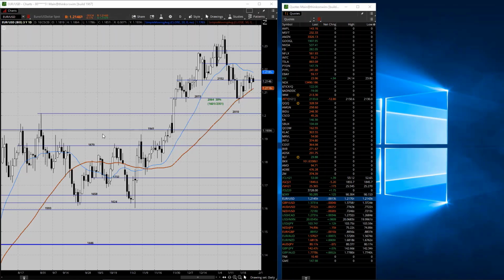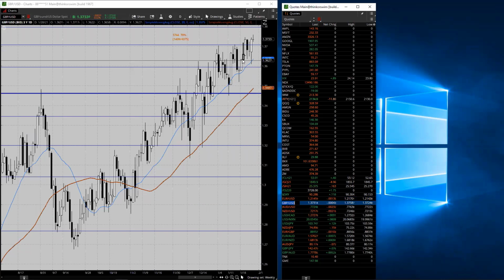But one of the things you also want to look at is, you see how wide these are here? We're starting now to compress. And when you do that, generally you can see a break, and that break, we could generally see some follow through. My guess is if we do close below this 50-day moving average, that'll allow us to move lower. And I was looking for a move down to, I believe it was 1960, right around in there. See, 1966, 69.